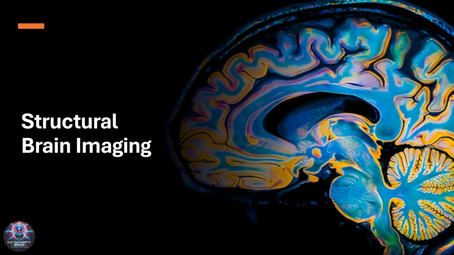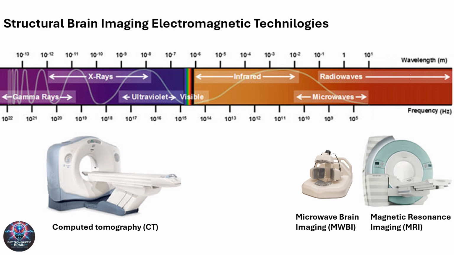Let's dive in. Before diving into each imaging technique, let's position these technologies within the electromagnetic spectrum. The spectrum encompasses a wide range of frequencies and wavelengths, each with distinct properties. Magnetic resonance imaging, MRI, operates in the radio frequency, RF, range, around the megahertz.